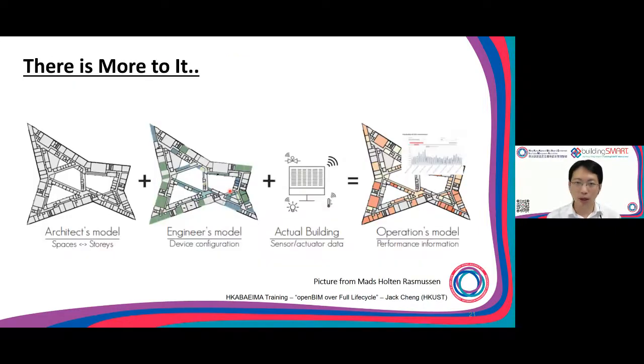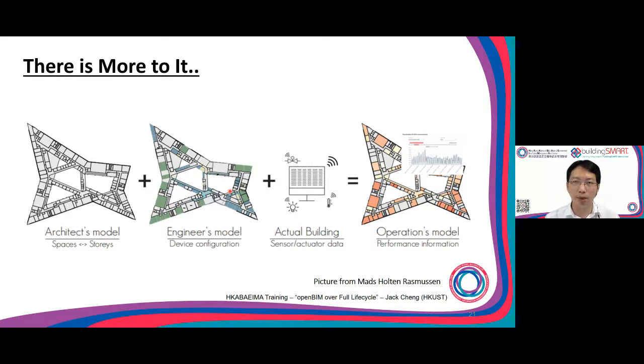But in reality, there are some problems. The architect may have his own model, the engineer will have his own model, the actual building will maybe look another way, and the operation model will be another look. In terms of information and format, they may not talk to each other, and this is reality. That is why we need open standards to link that.